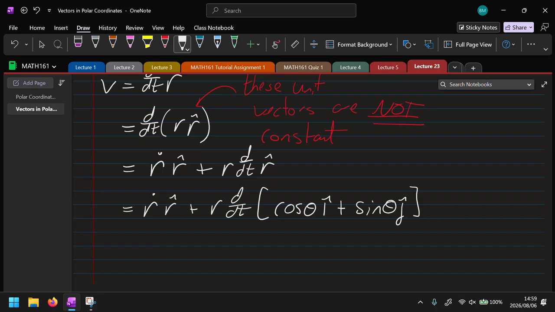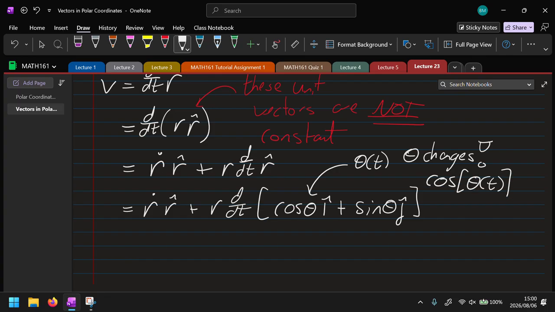Now we need the chain rule because the theta depends on time. The angle can change. So that theta there is not just theta by itself, it's theta of t. So it's cos of theta of t. Make sense?